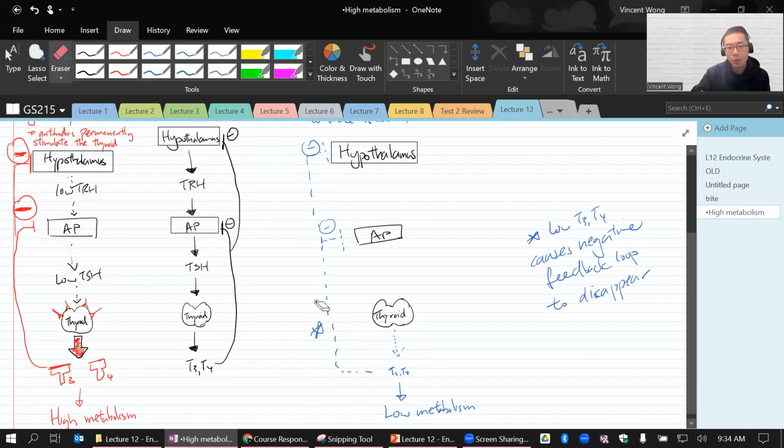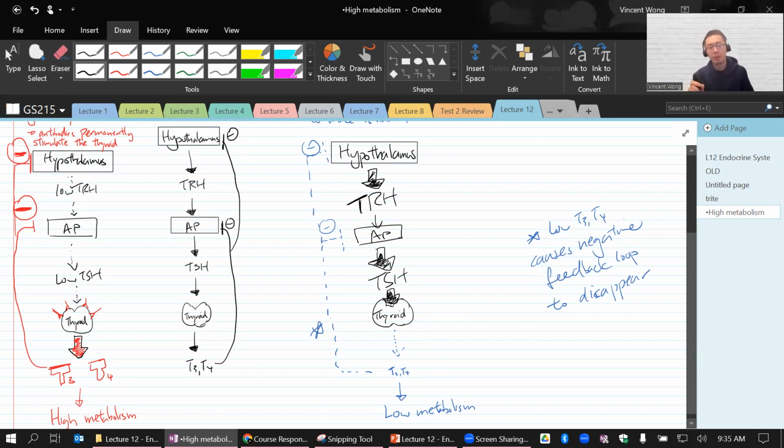So once you take away the suppression because you don't have enough T3, T4, the hypothalamus is going to have a lot of TRH, which stimulates the AP, and the AP is going to pump out TSH, which will stimulate the thyroid and tell the thyroid, hey, we have low T3, T4, you've got to make more.